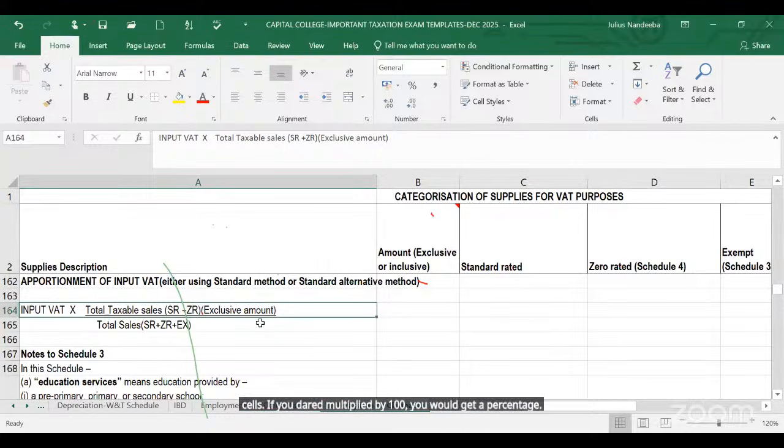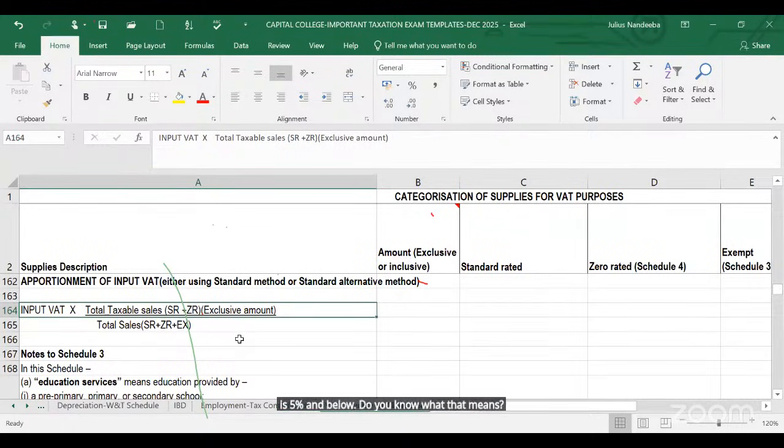And the law says, if the percentage you've gotten here, before you multiply by input tax, is 5% and below, do you know what that means?